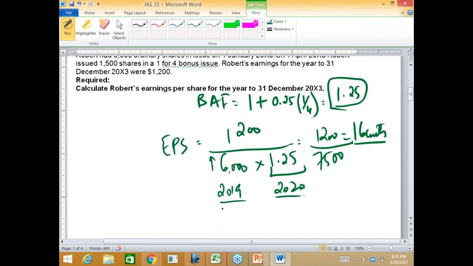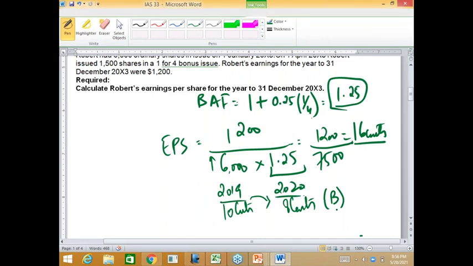So if the 2019 EPS is 10 cents and in 2020 it is 8 cents, you cannot say that 2020's performance is poor, because you have issued bonus shares in the current year. That's the reason the 2019 and 2020 data are not comparable. So IAS 33 says that you need to restate the previous year's EPS. Restated EPS can be calculated as the previous EPS divided by the bonus adjustment factor.